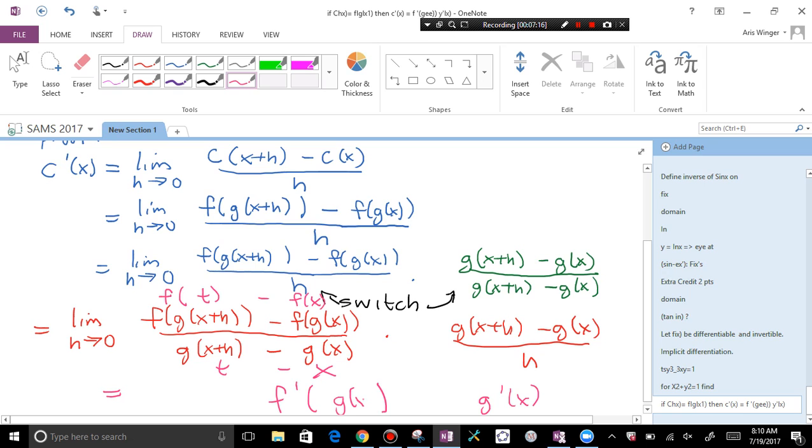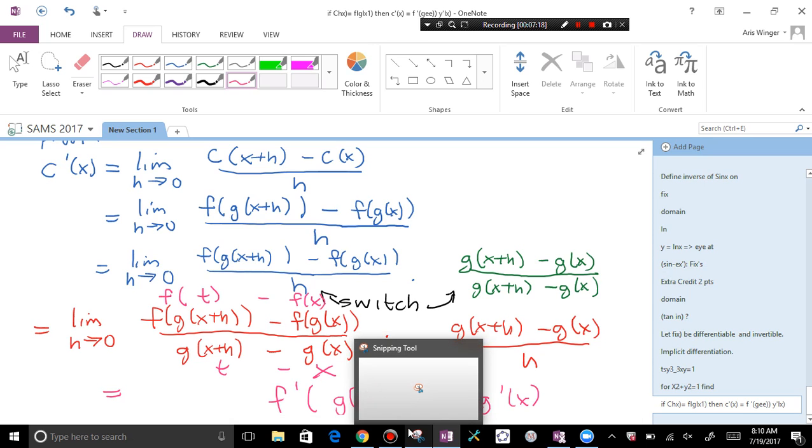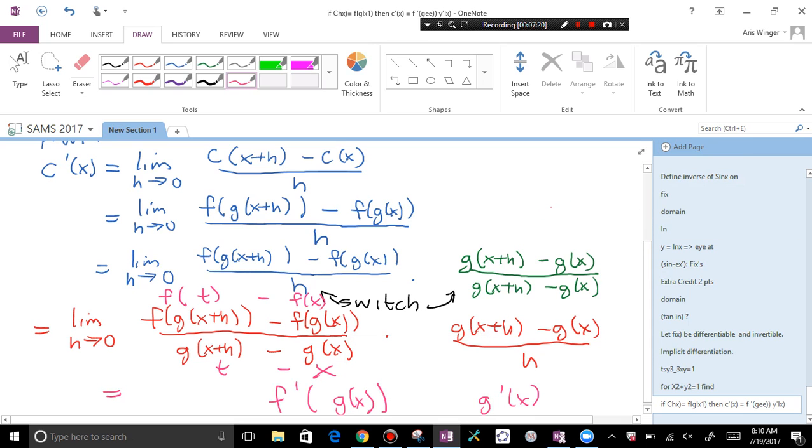It is. And that's the end of it. So as h goes to 0, this goes to, it's like you're doing f of t minus f of x over t minus x, which is just the derivative of f at x. But in this case, x is not x, it's g of x. So that is the chain rule.